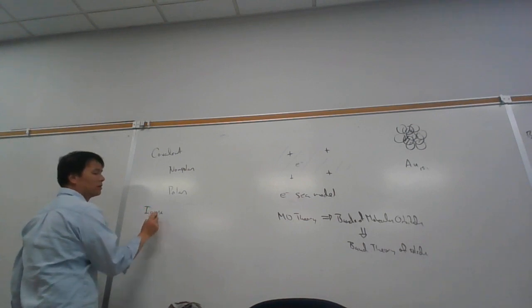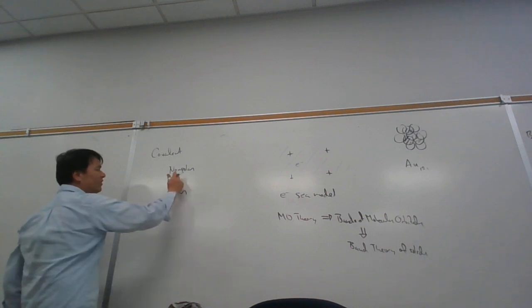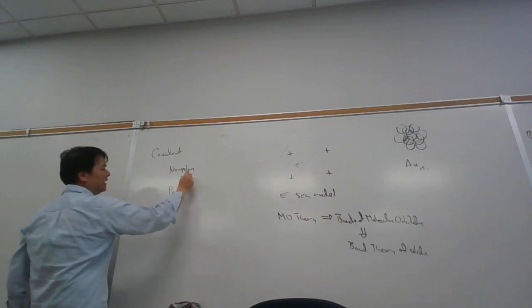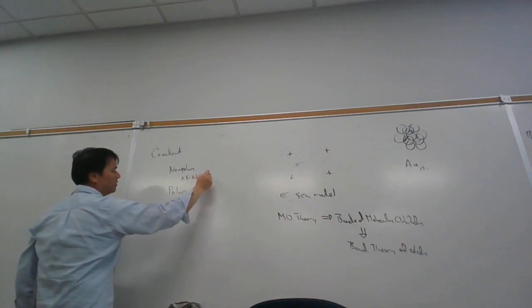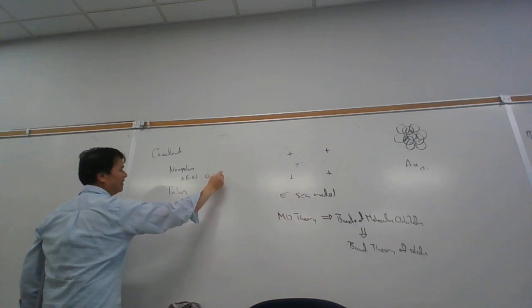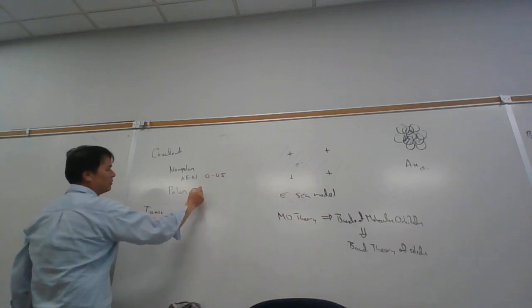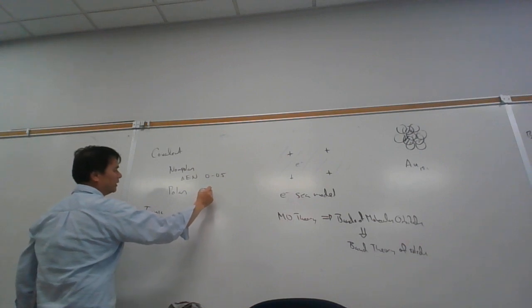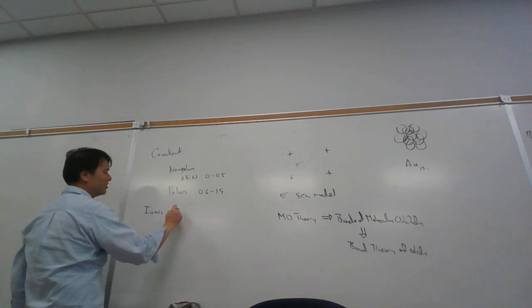The most polar bonds are called ionic. So nonpolar is usually characterized by delta EN, difference in electronegativity, of from 0 to about 0.5. Polar bonds, let's go from 0.6 to 1.9 or something. Ionic bonds, we'll just go above 2.